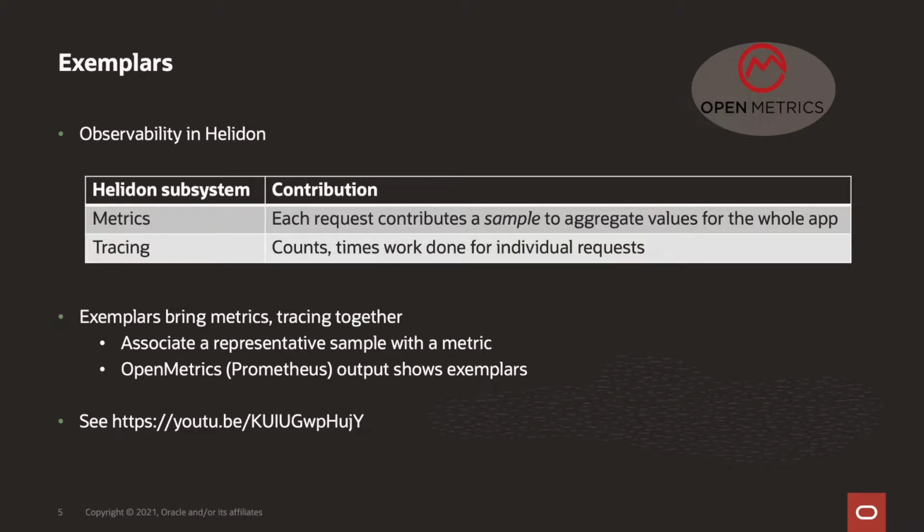Exemplars bring metrics and tracing together by associating a representative sample, that is, a given request, with an overall aggregate metric value. The OpenMetrics or Prometheus metrics output format shows exemplars. There's also a separate video describing the exemplar support in Helidon.